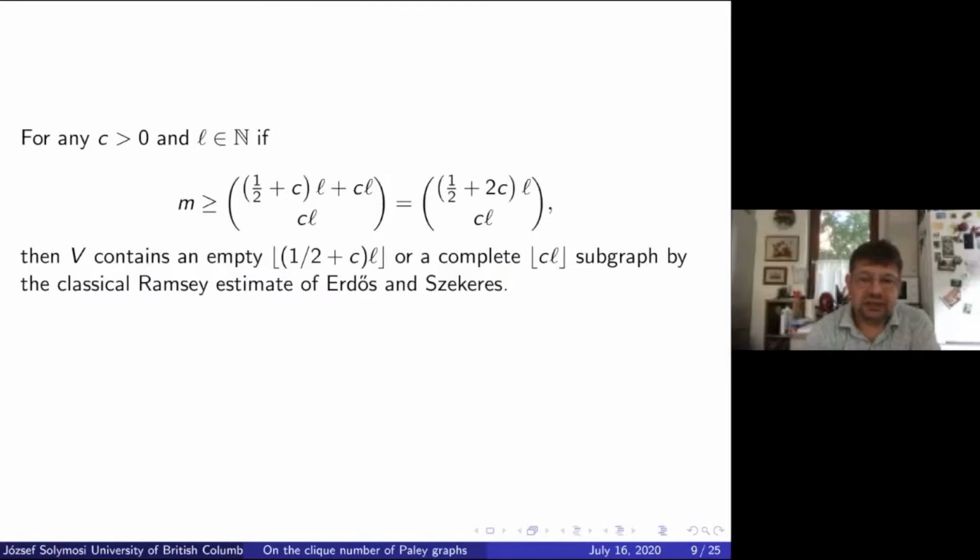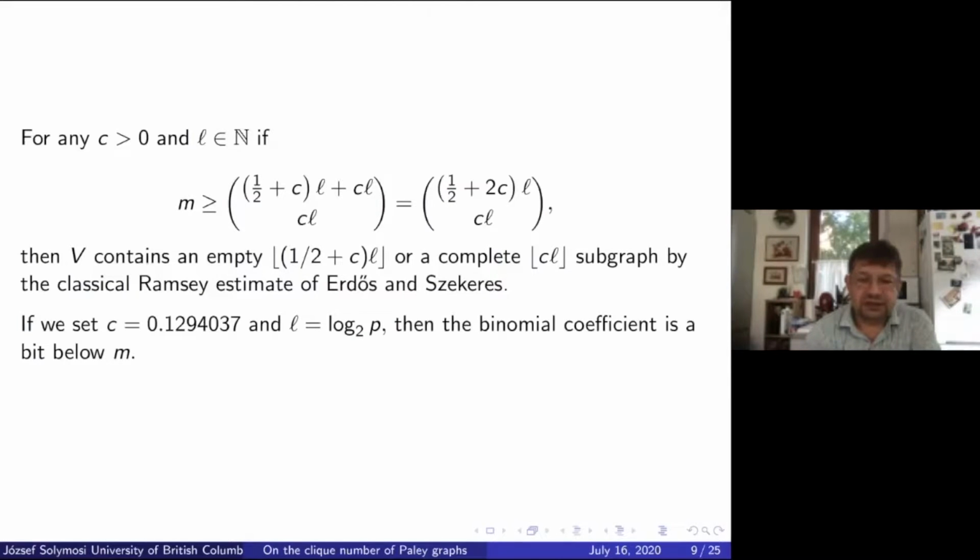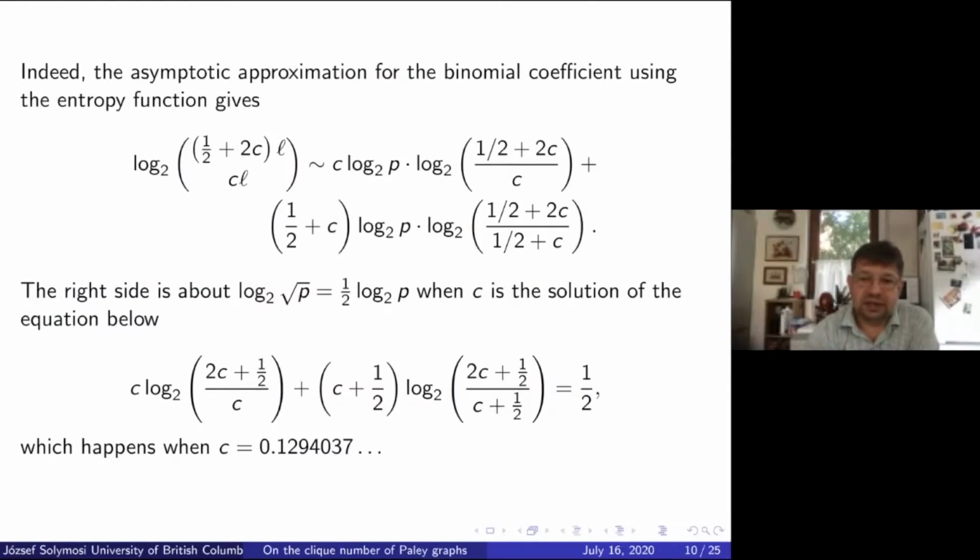So let's see. So here is what I said, that of course this C, you will see it's a result of an optimization, but L is log 2 p, base 2 log p. And if you use those values, then this binomial coefficient will be a little bit below M. And here is, well, it's kind of technical, but it's a simple counting.